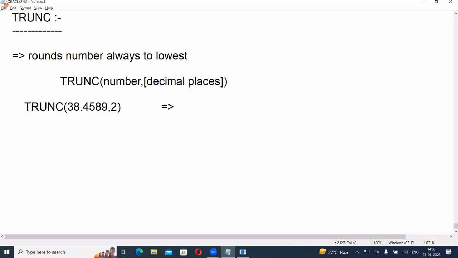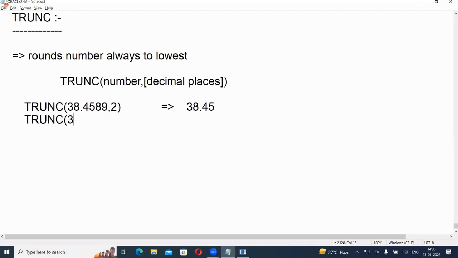But it will not check whether the next digit is below or above average. If it is the round function, it checks the next digit. If the next digit is above 5, then 5 is rounded to 6. If it is below 5, then it is rounded to 5. Understood? But the trunc function will not check whether the next digit is above 5 or below 5. It is always rounded to 2 decimals.